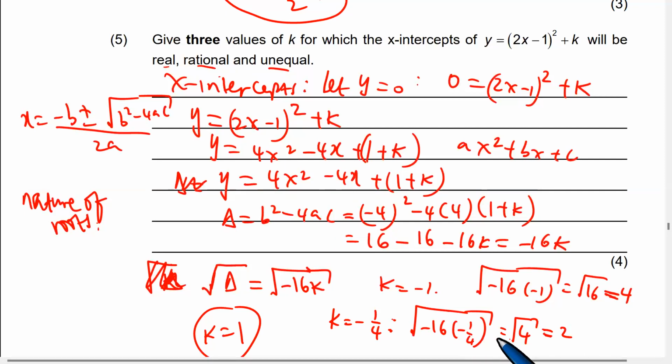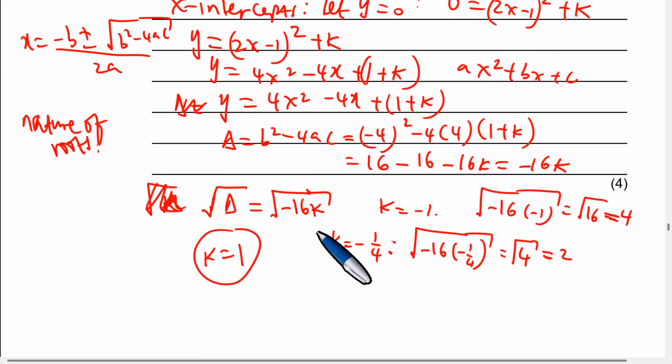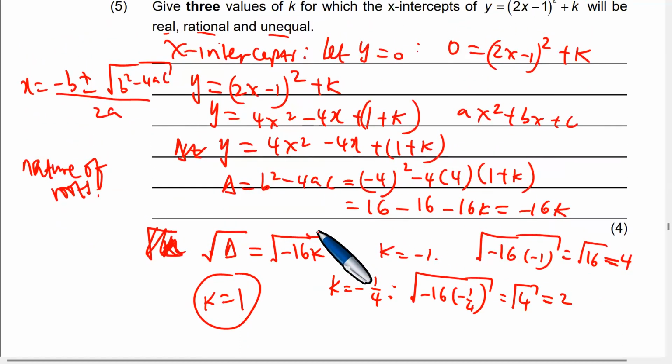If you choose minus 1/4, then you also have 4 under the square root, and the square root of 4 is 2. These values that you substitute into k are the three values that they said we must come up with. So it's just a question of guessing these values.